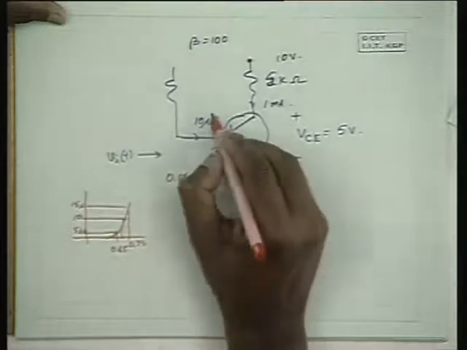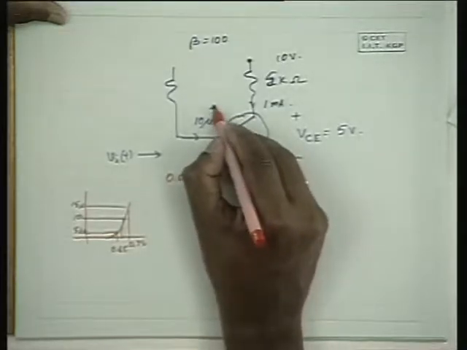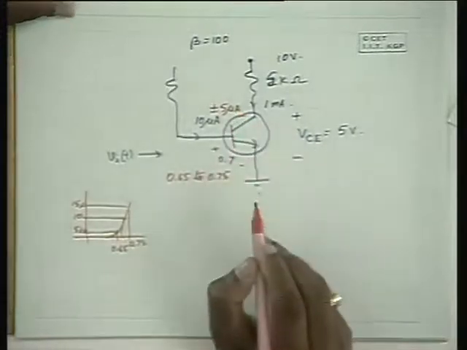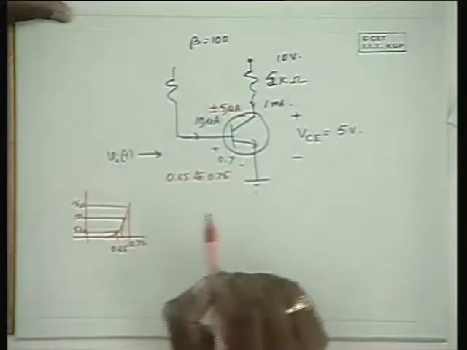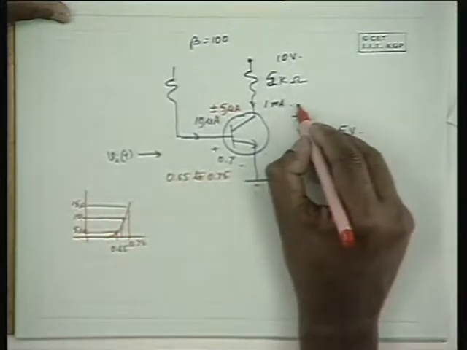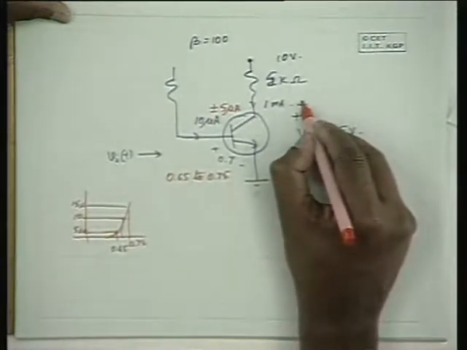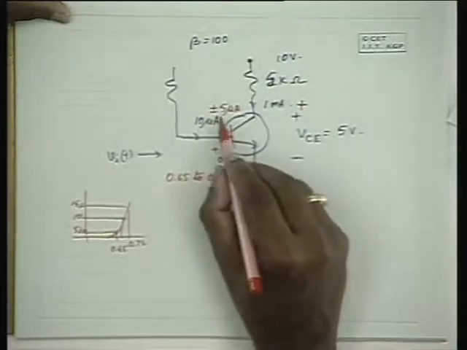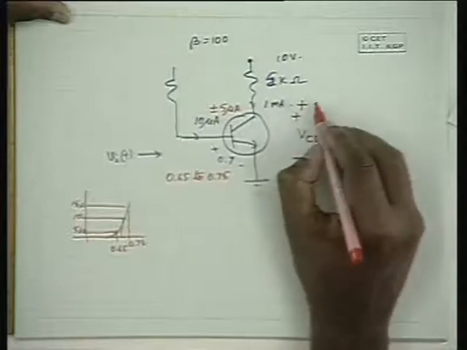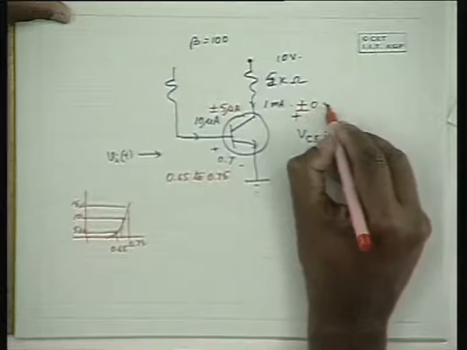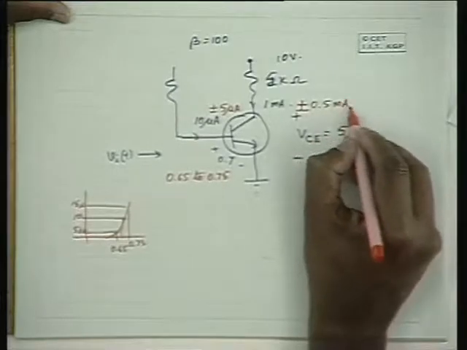So the base current variation is 10 microamperes plus or minus 5 microamperes due to the alternating component. Now what would be the collector current variation? It would be 100 times this, 1 milliampere plus or minus 0.5 milliampere.